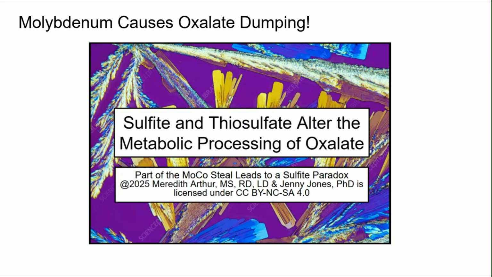And you can watch the video Sulfite and Thiosulfate Alter the Metabolic Processing of Oxalate. It's pretty interesting. I share my daughter's 24-hour urine test and her organic acid test. And I will tell you more about these pathways and have a nice diagram as well to support it that I drew out. And it has a lot of information as always.